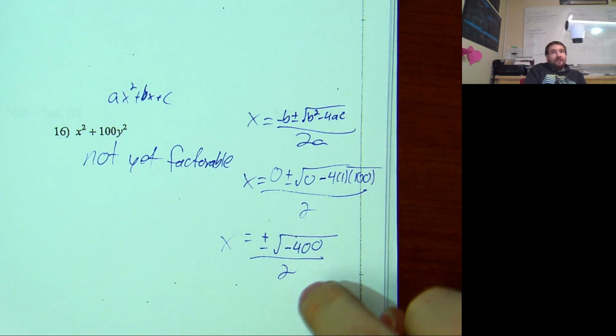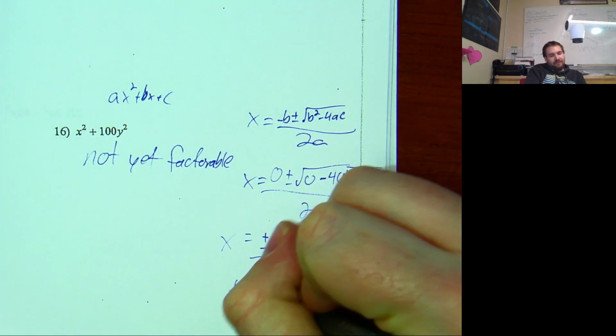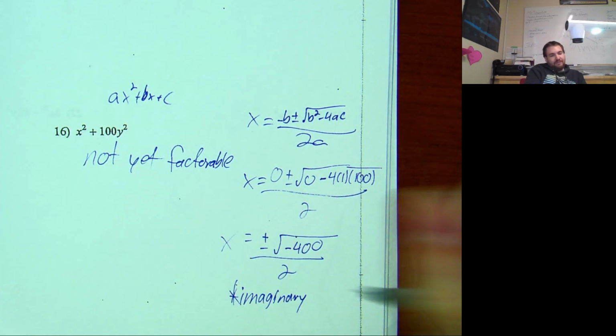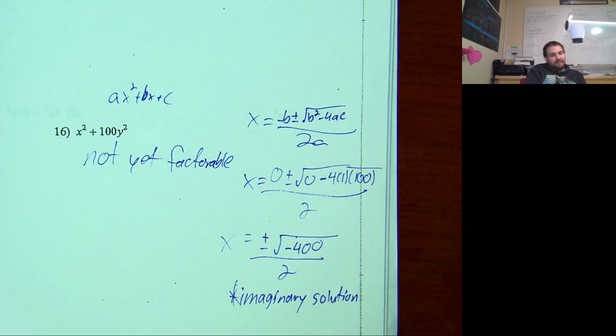This solution is imaginary. No, the square root of negative 400 is i times 20.